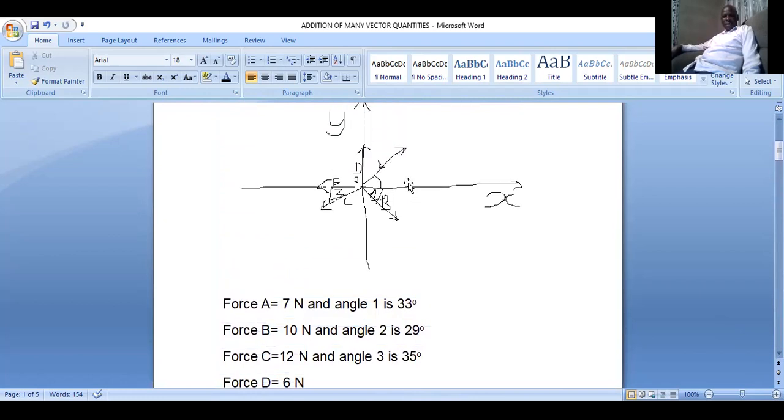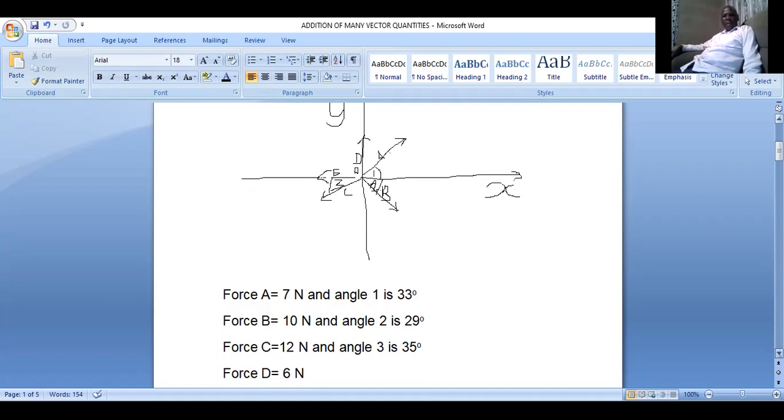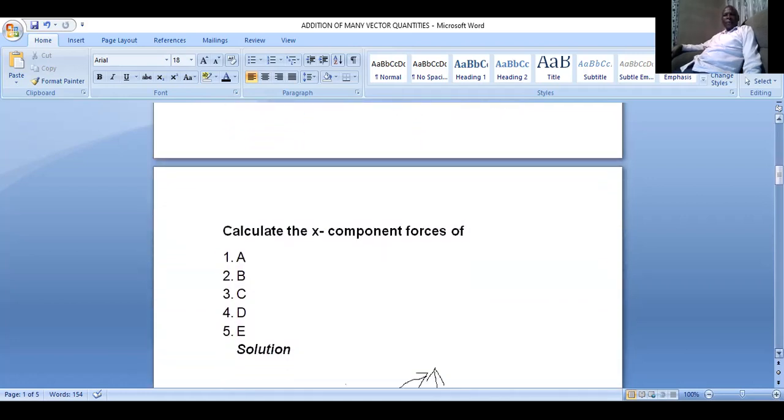One way is that you count all the angles starting from the positive x-axis, going anti-clockwise like that. You notice that this force will go around until you reach E here, which is 180 degrees.